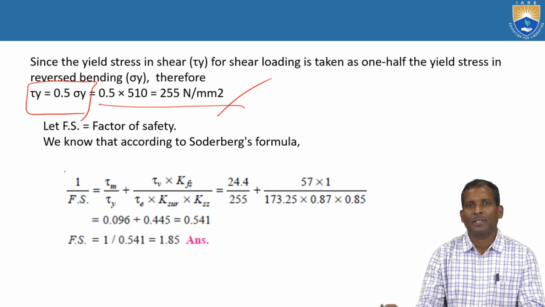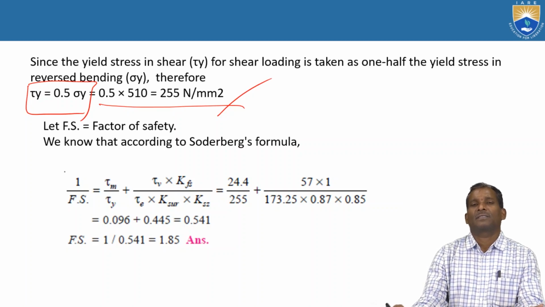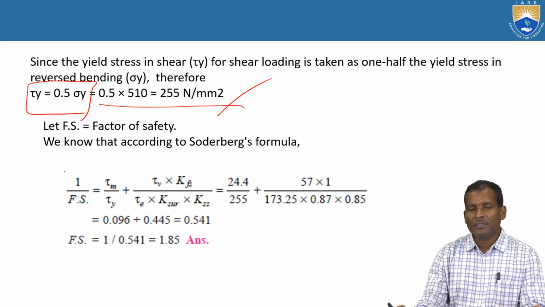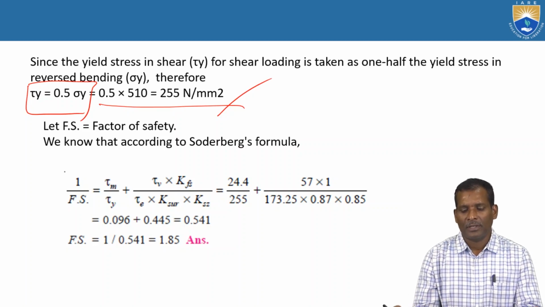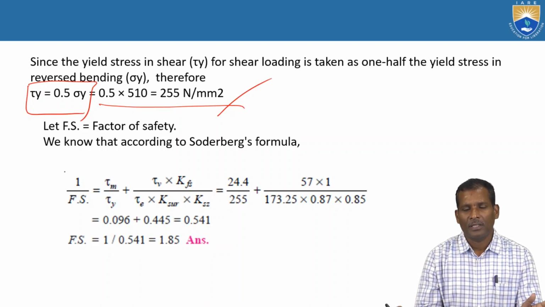Let's take the factor of safety. Factor of safety is the ratio of endurance limit to the design stress. So the endurance limit value here is calculated under the shear load condition. Now we apply the Soderberg formula.